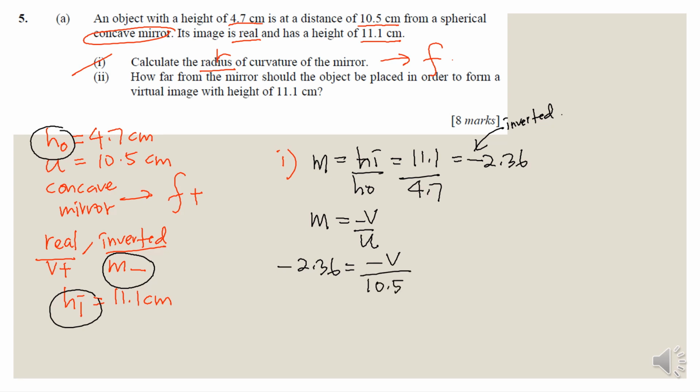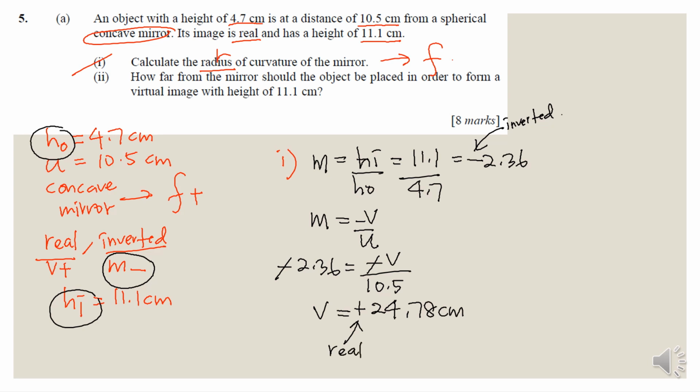Okay, so biar dalam senti lah. Okay, so kita akan dapat ni boleh cancel out negative. So value V image distance akan jadi 24.78 cm. Okay, so dapat positif. So bermakna betul lah image tu adalah real.